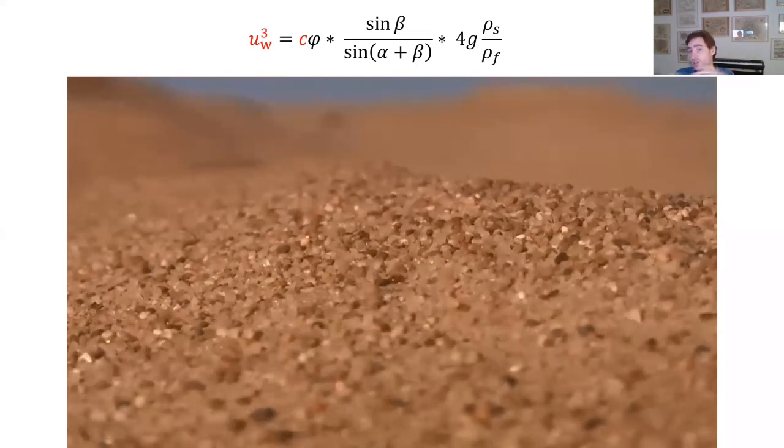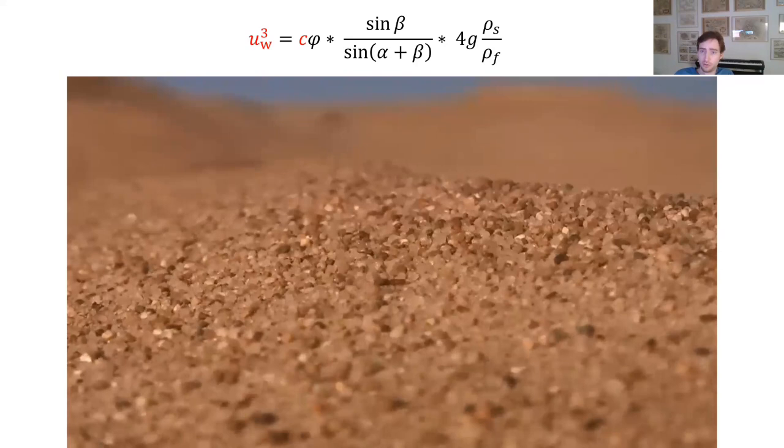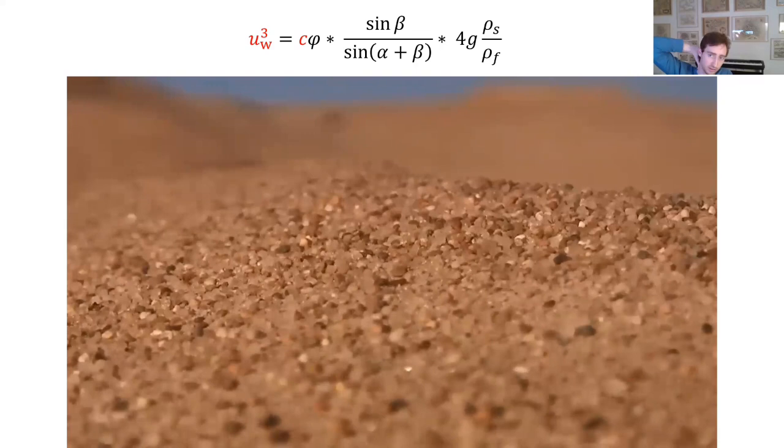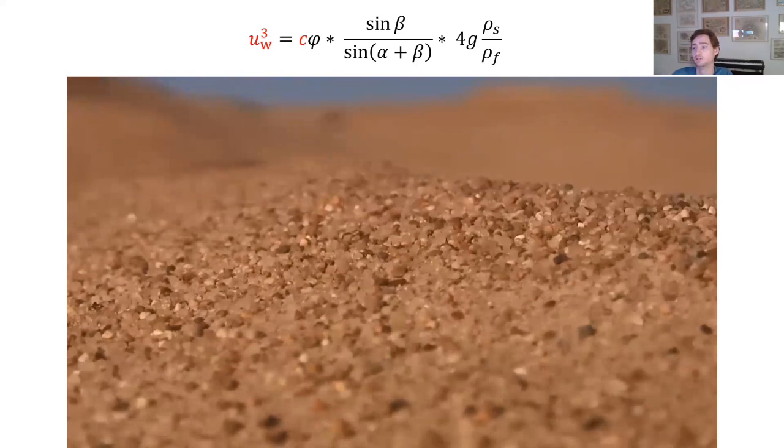So we can actually develop this equation even further if we manage to relate these two factors to each other. So what I'm talking about is the two factors in red, which is the wind speed and the average speed of the moving sediment.